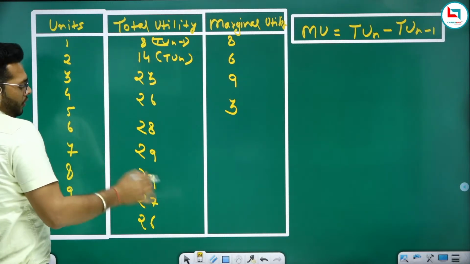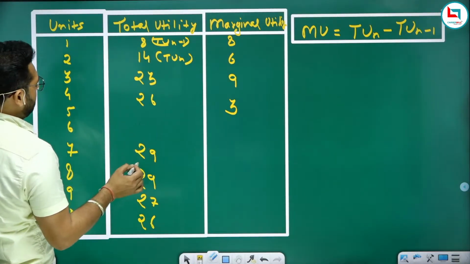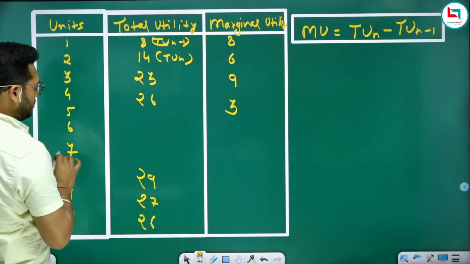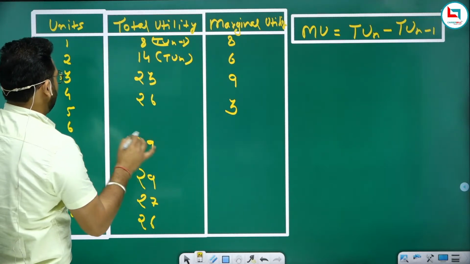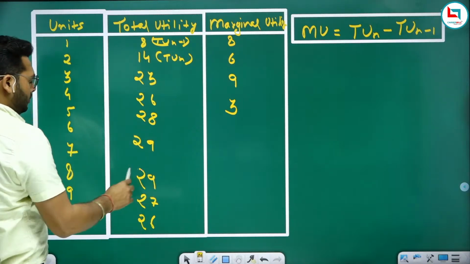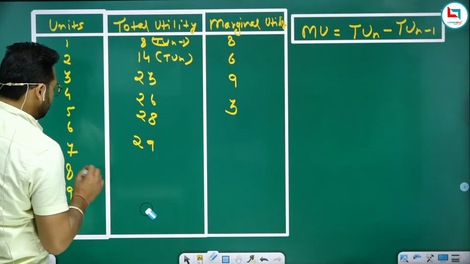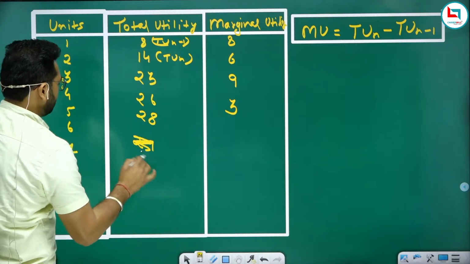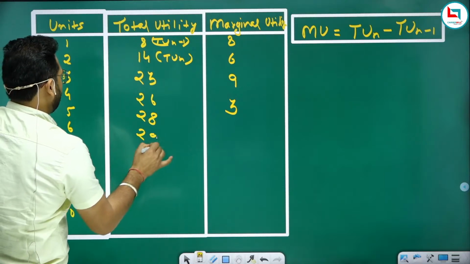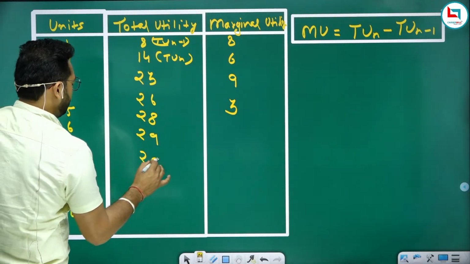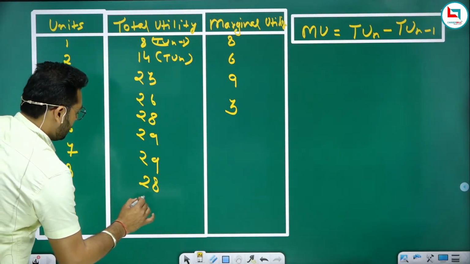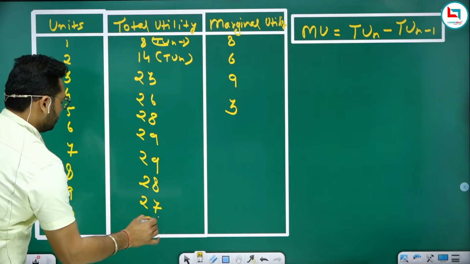Now, if you want to have a fifth unit, it's 29, and it's 28, 27, and so on, 6 we can write.